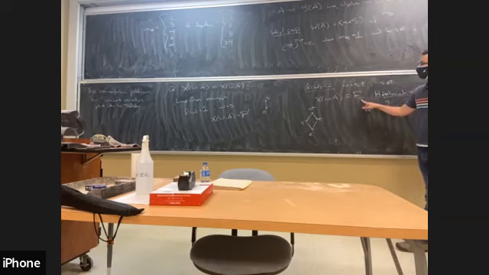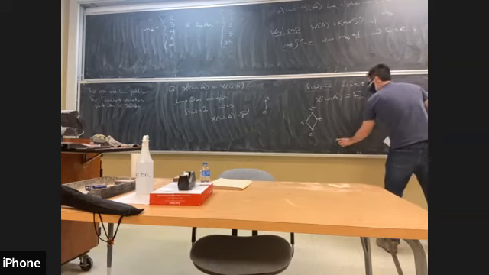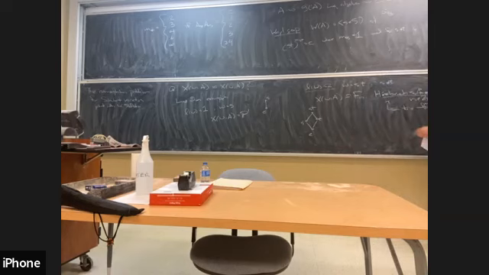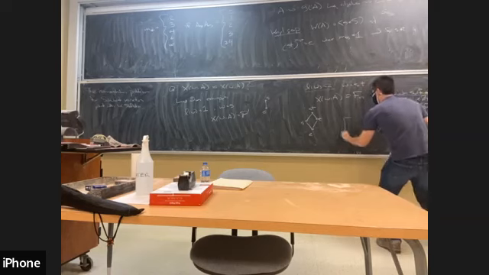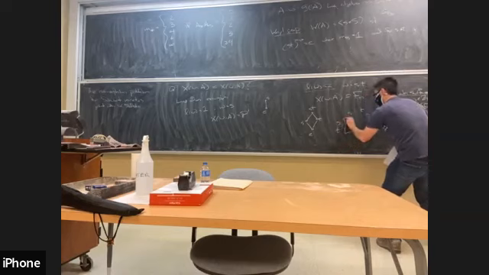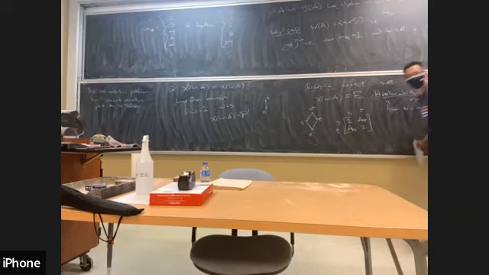And I claim that it appears in the Cartan matrix. And it appears in the following way. What we're going to do is restrict to the submatrix corresponding to the rows and columns indexed by S and T. So we'll focus on just this little part. There are twos along the diagonal, and then there's an entry here, and there's an entry here, like this.